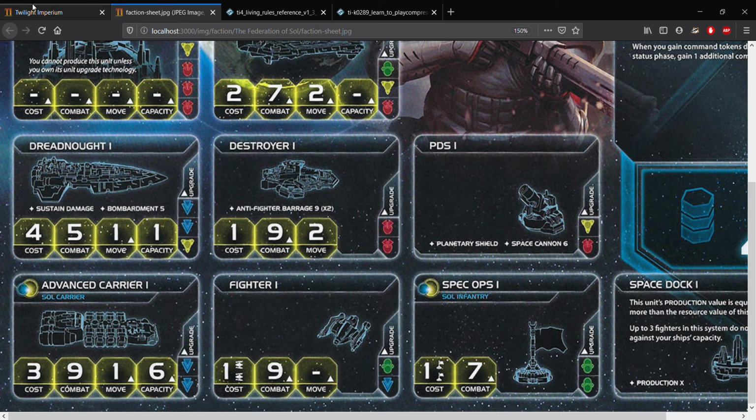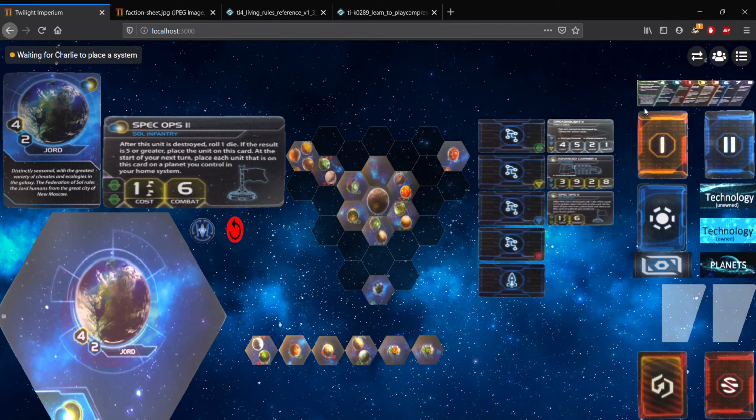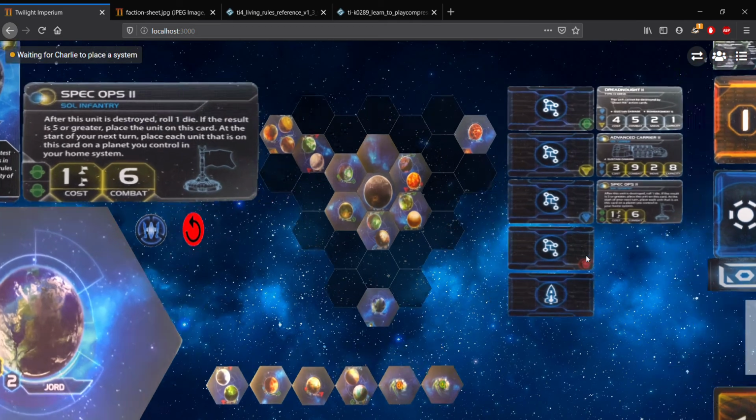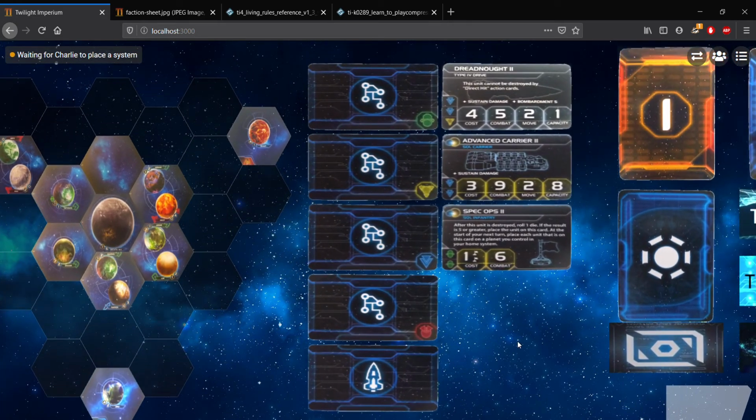And what we did recently, in the last day, was to remove the Infantry 2 completely from the technology deck, in the case of the Federation of Soul.